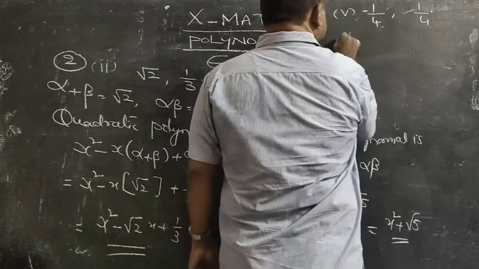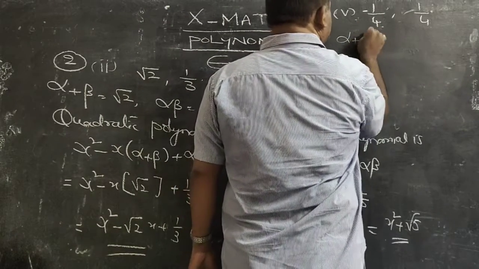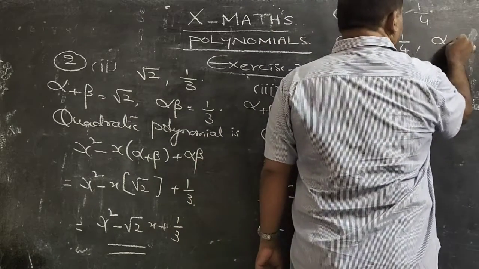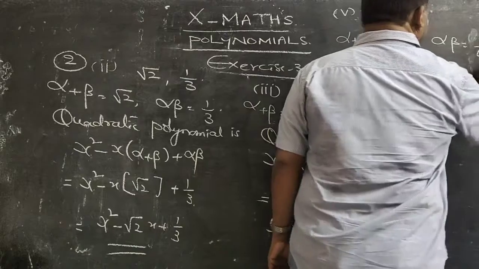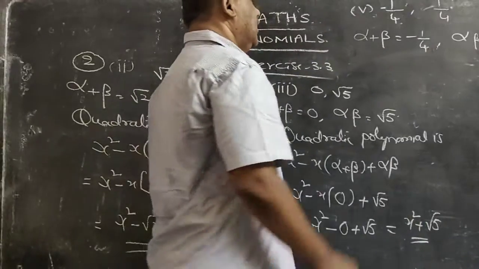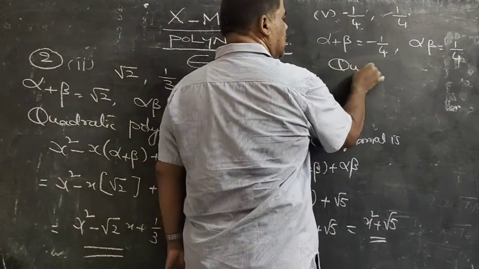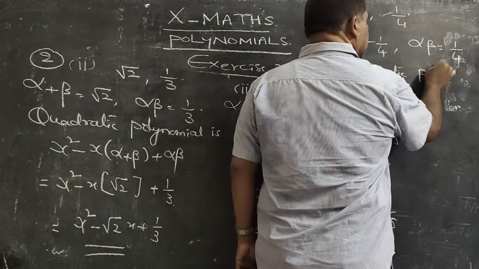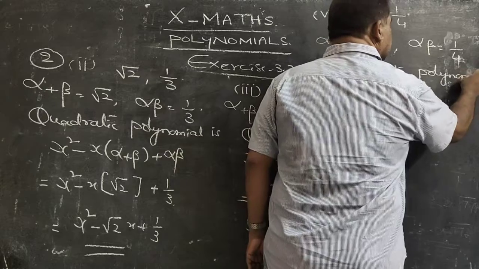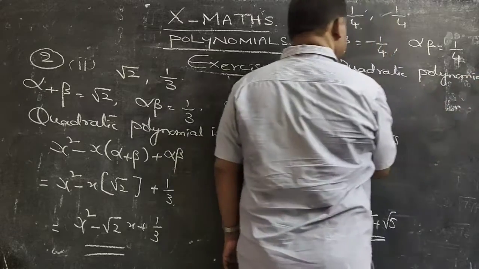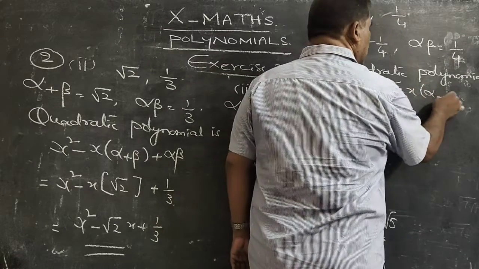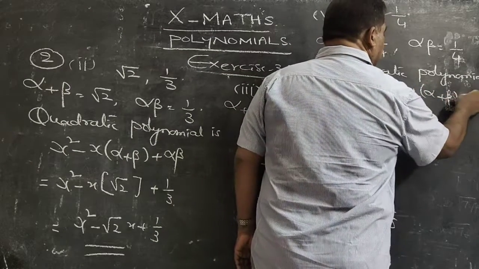Here the first one is the sum of the zeros, that is alpha plus beta, minus 1 by 4. The second one is the product of the zeros, alpha beta, that is 1 by 4. Now the quadratic polynomial is x square minus x into alpha plus beta plus alpha beta.